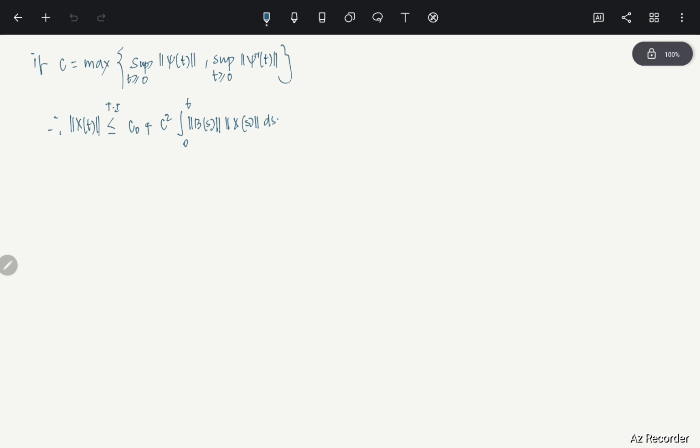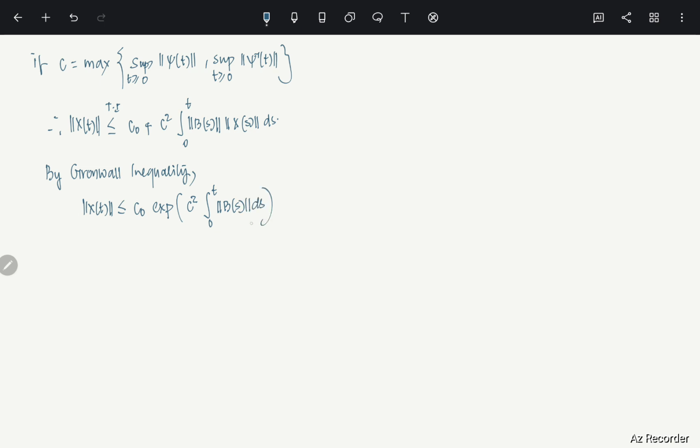Is it okay? So now by Gronwall inequality, what do we have? We have that norm of x of t is dominated by C naught times exponential of C squared integral 0 to t norm of b of s ds.